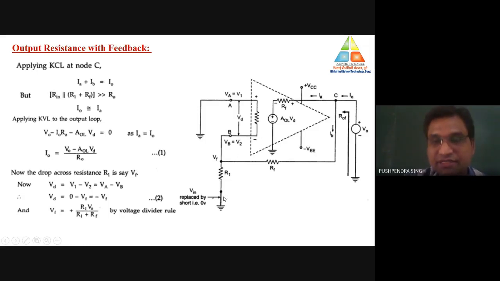The input source was connected. So for calculating the output resistance with feedback, we connected this term to a short circuit. After short circuiting, we need to calculate the value of output resistance with feedback as seen from the output terminal. So this is the position from where we are actually calculating the value of output resistance.